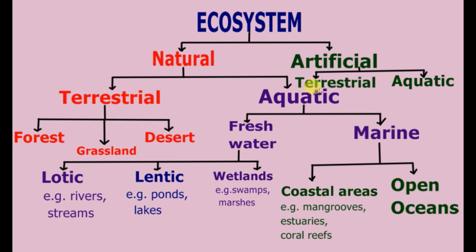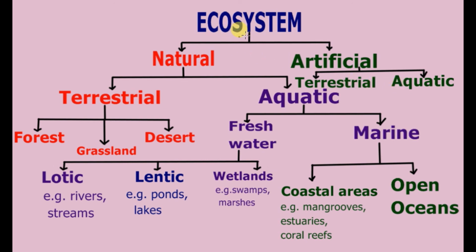Because in a crop field or some agricultural farm or lawn or garden, all the selected plants are raised by human beings. These have not grown naturally. Similarly, aquatic artificial ecosystem. If you think of an aquarium, that is an example of an artificial aquatic ecosystem. Similarly, a pond made by man is also an example of an aquatic artificial ecosystem.